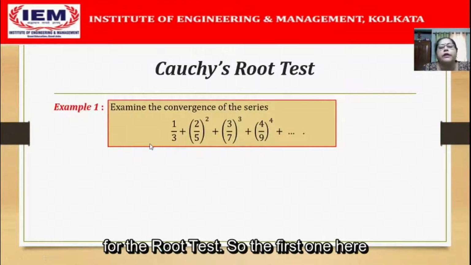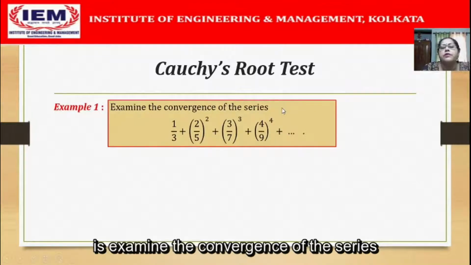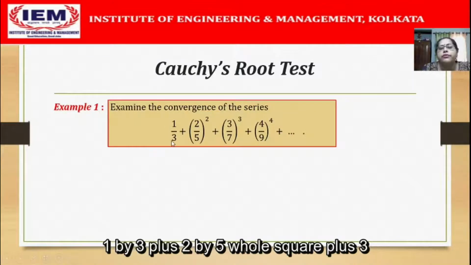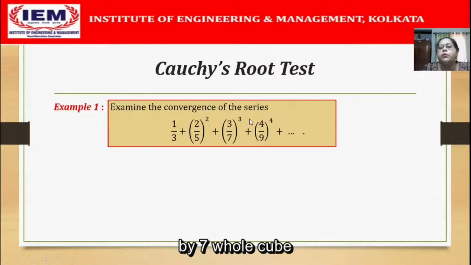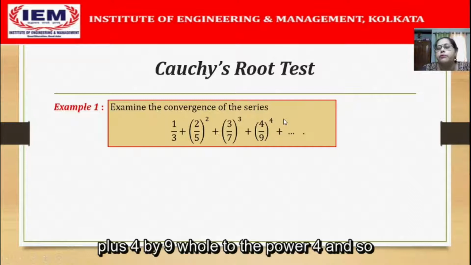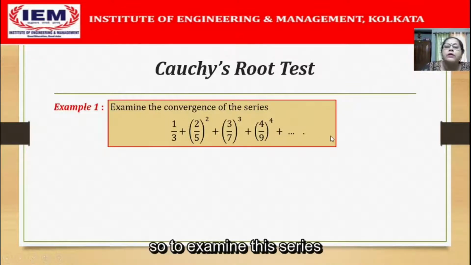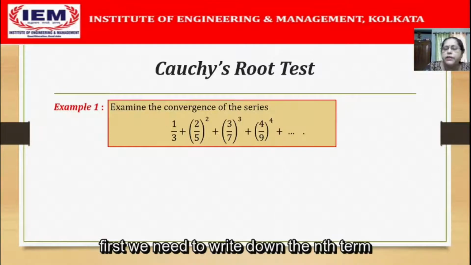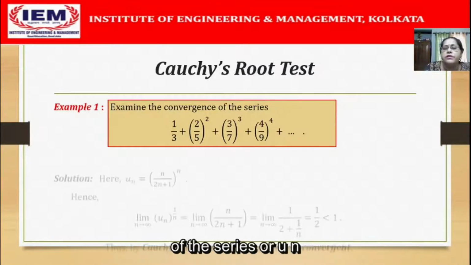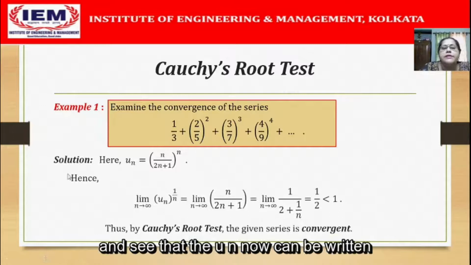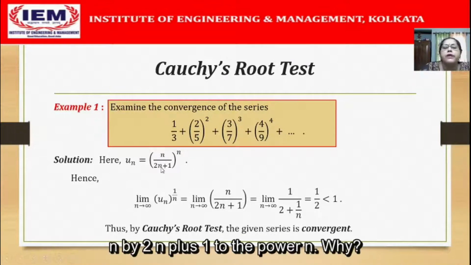The first one: examine the convergence of the series 1 by 3 plus (2 by 5) whole square plus (3 by 7) whole cube plus (4 by 9) whole to the power 4 and so on. To examine this series, first we need to write down the nth term, un, which can be written as (n by 2n plus 1) to the power n.